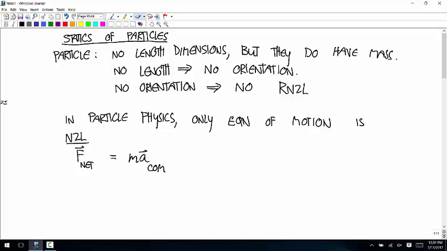And with particles, everything happens at a single point. So there's no distinction between the center of mass and anything else. This equation gives two equations in 2D, like the x and y components of this equation, and three equations in 3D.